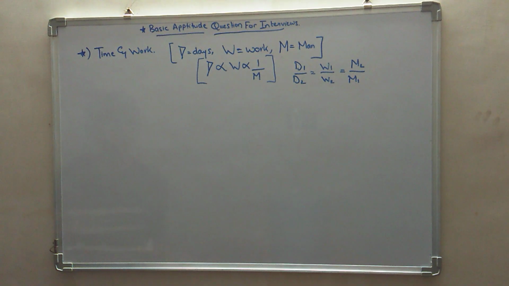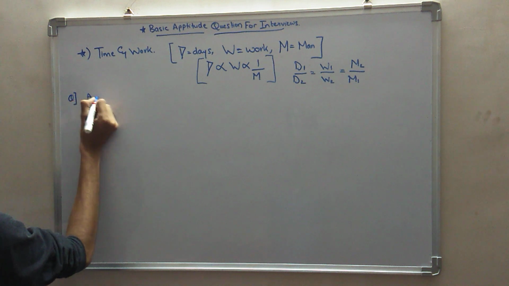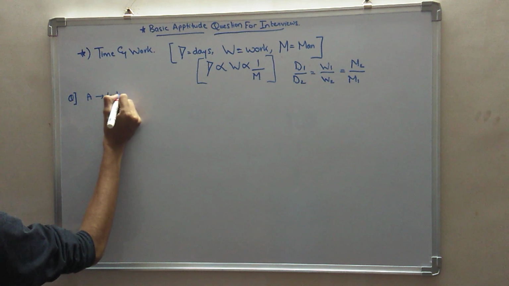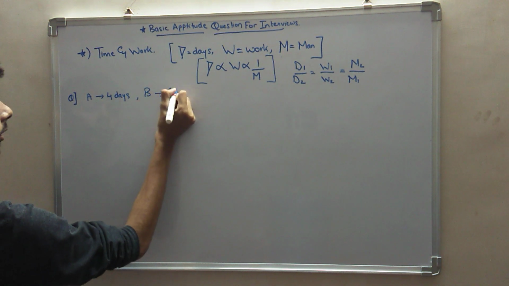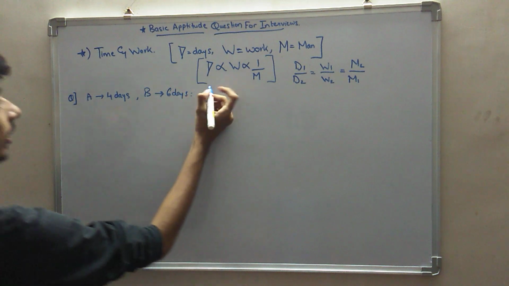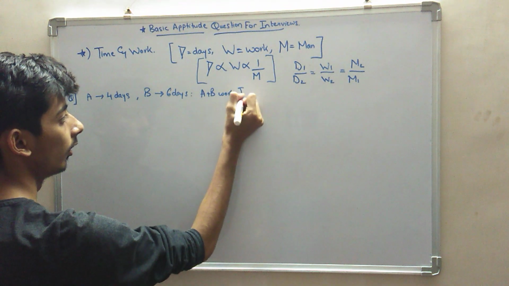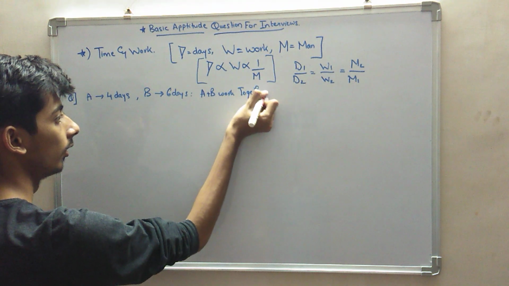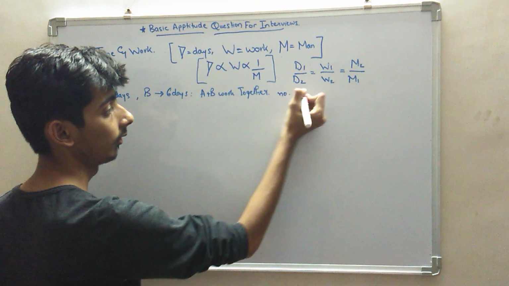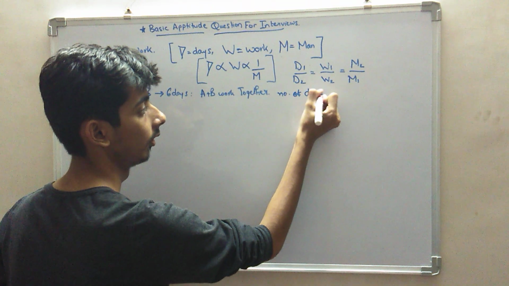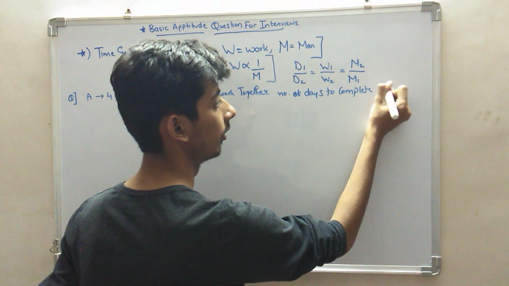Now if we go for a question, the question says: A completes the work in 4 days. B completes the same work in 6 days. If A and B work together, then in how many days will they complete the work?